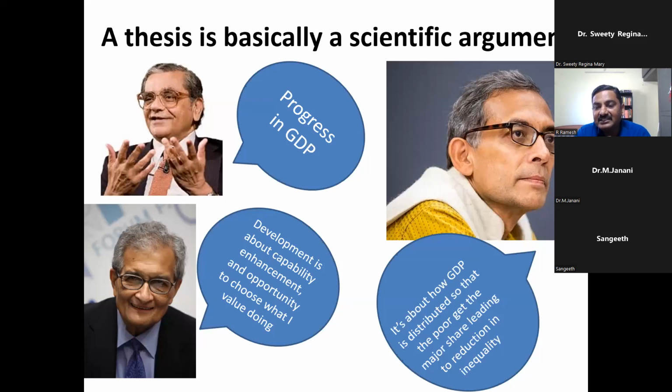Then only will I say that development is taking place. It is not just GDP. It is about how GDP is distributed among the people in a country, so that the poor get the major share, leading to reduction in inequality. That is what development is about.